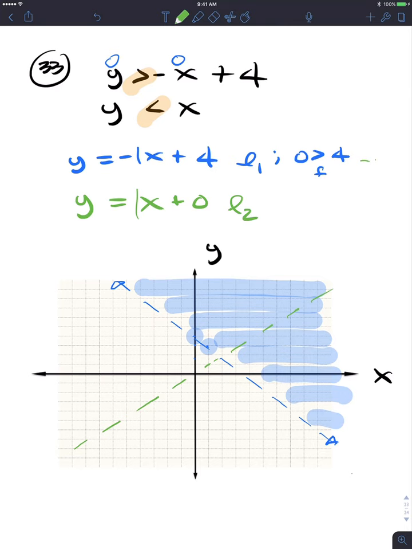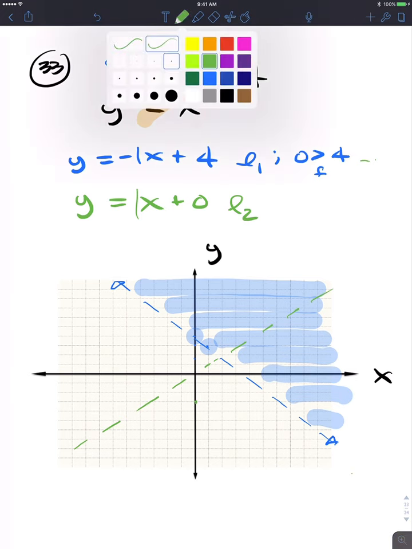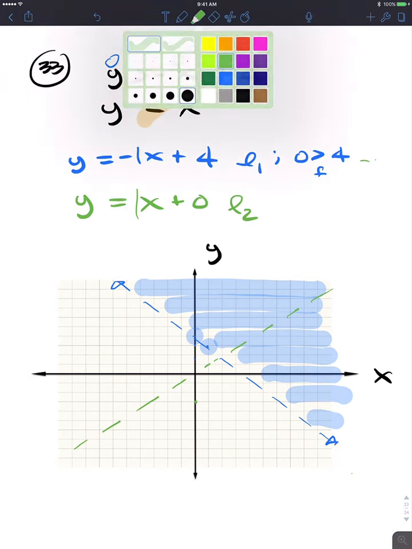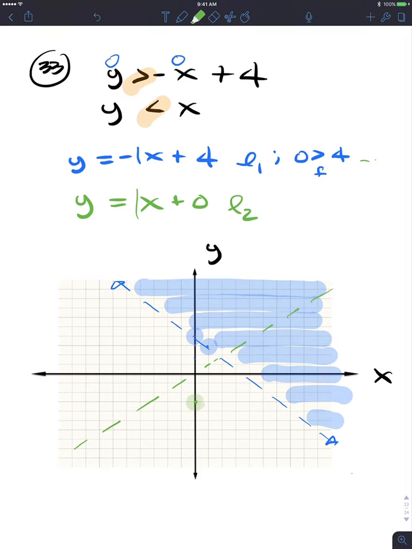In green, we have an upper left region and a lower right region. If I use a test point down here that's clearly not on the line, x is 0, y is negative 3. That's going to be my test point for the green line, for the second inequality.